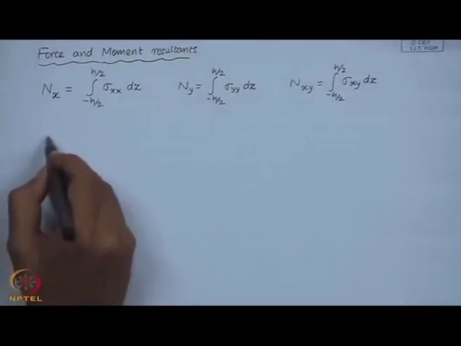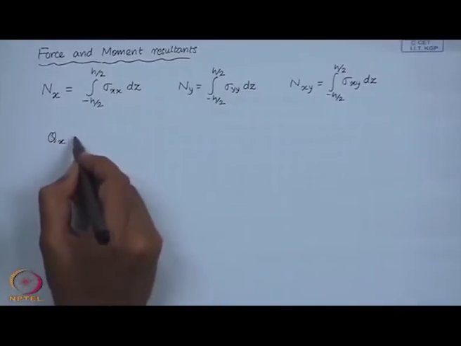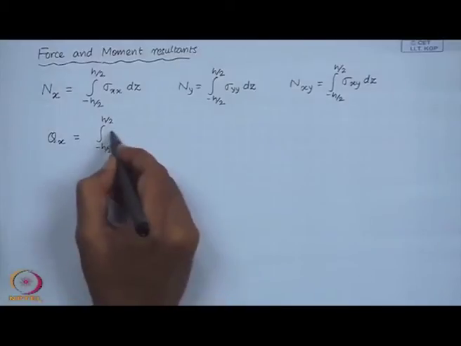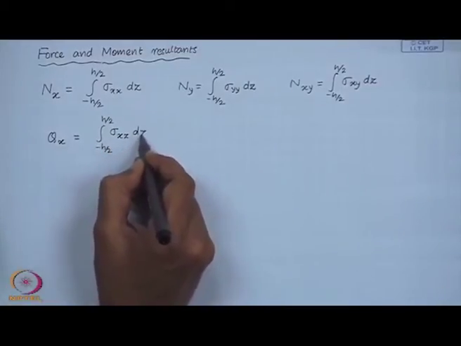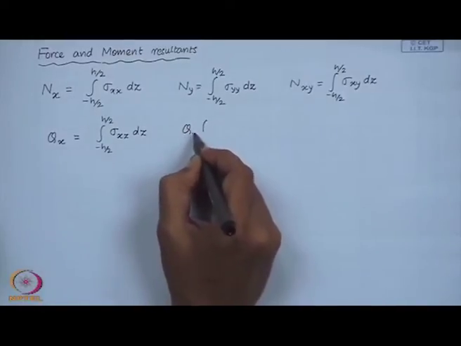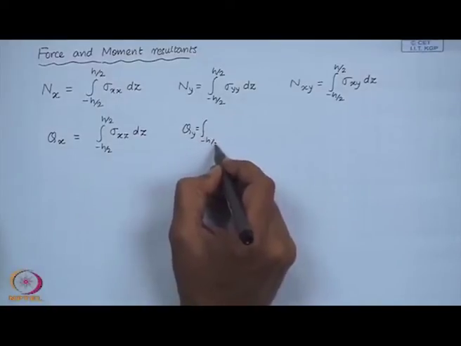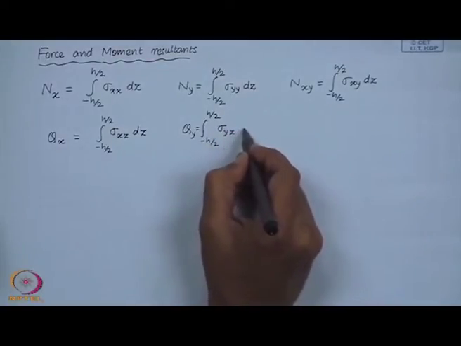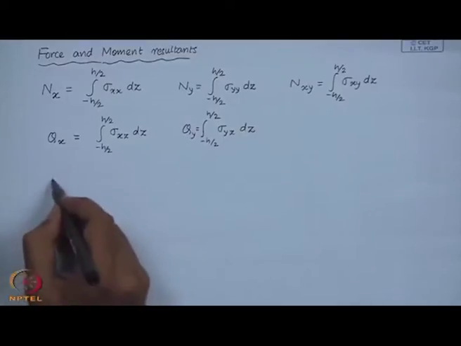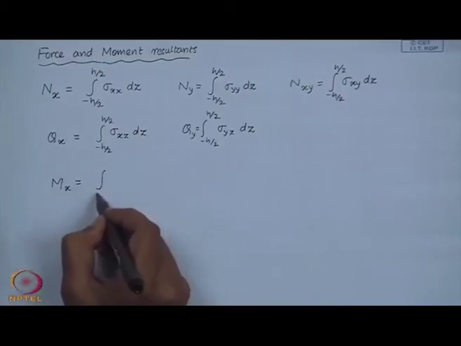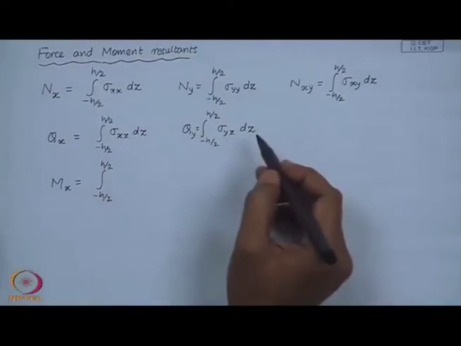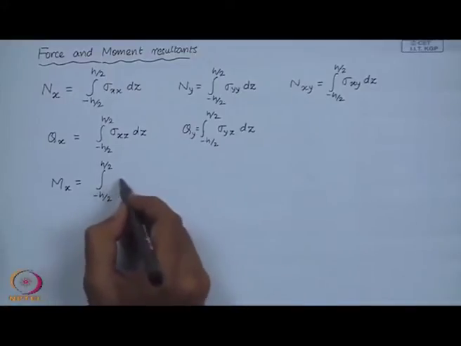So this is in plane, and then we have the out of plane shear stresses, which we denote by capital Q x and capital Q y, and we have the moment resultants because of the moments due to the normal and the shear stresses.